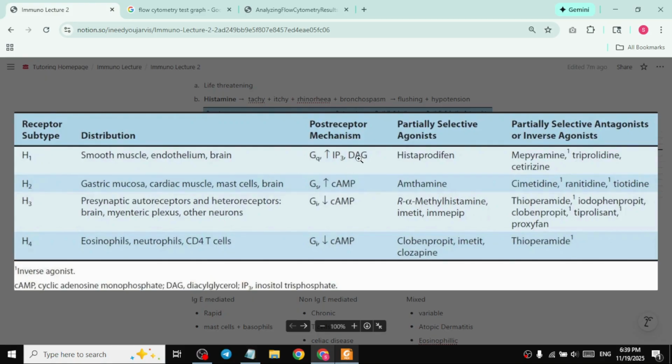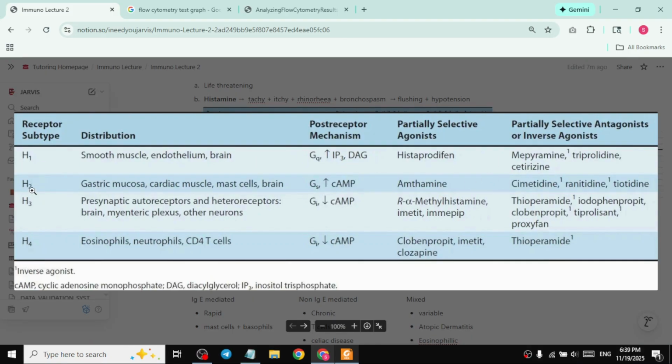Usually this is a Gq pathway. Everything else is Gs or Gi, but this is the Gq pathway. So it makes sense. Usually they're going to have calcium and stuff, may lead to vasoconstriction and all of that. And when you give someone something like cetirizine, which is an antihistamine, basically vasodilates, right?